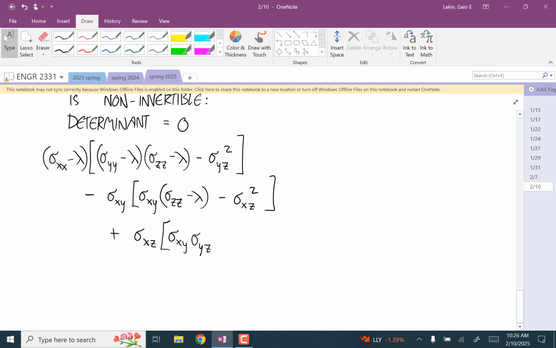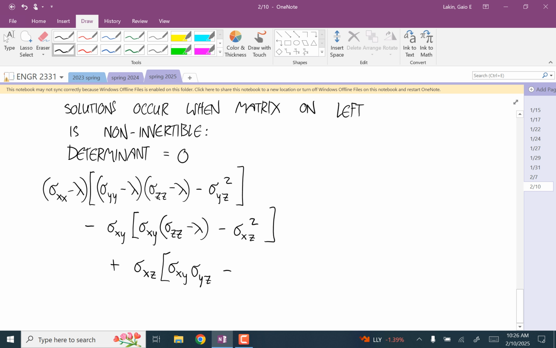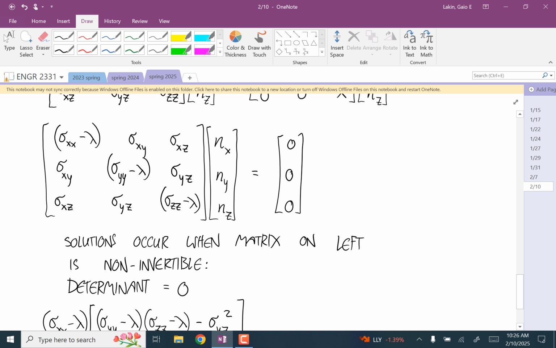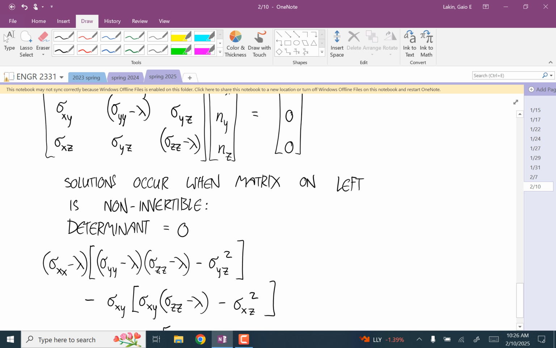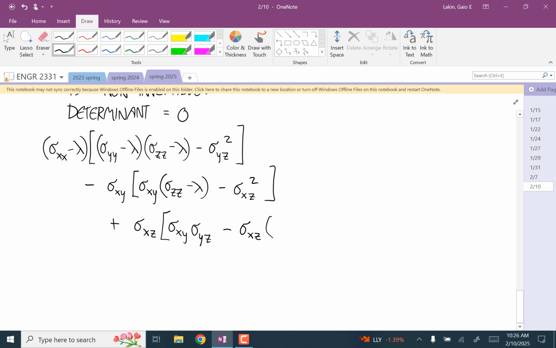Yes. Minus sigma xz times the quantity sigma yy minus lambda. And all this is equal to 0.